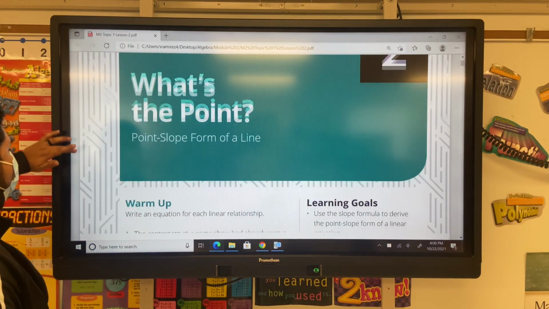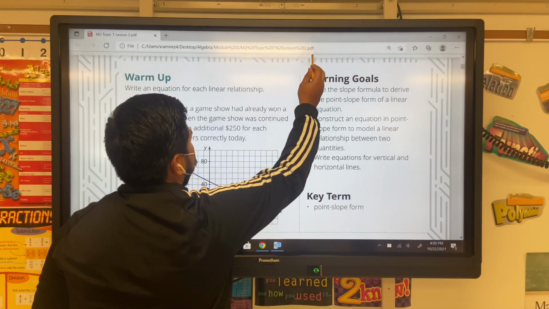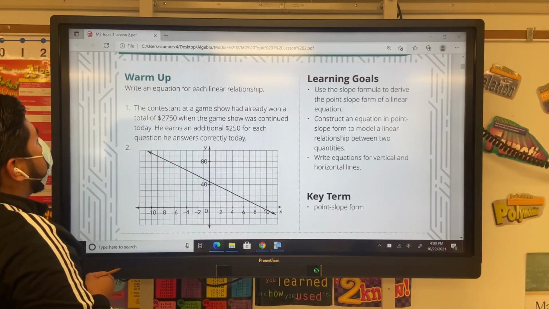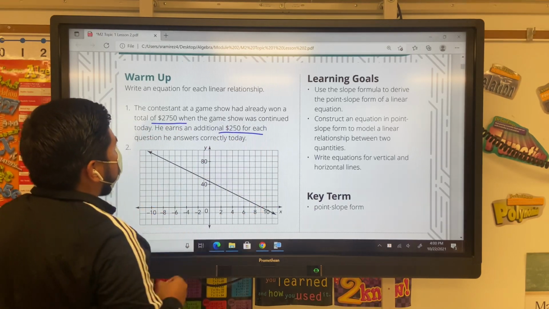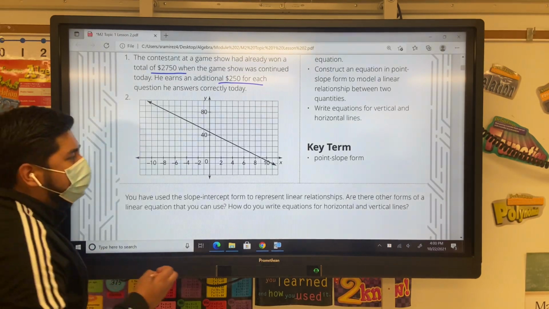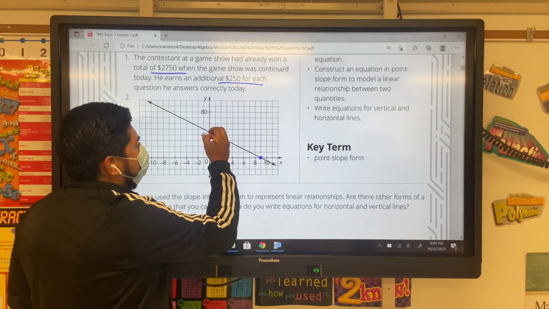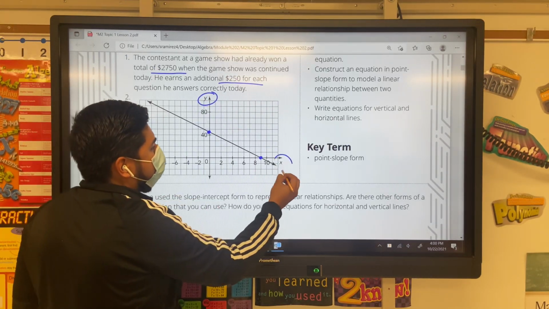What's the point? Point slope form of a line. All I need you to do here, make sure that you recognize that you need to just know what these numbers will eventually mean, and we'll talk about it later. Part 2, I need you to make sure that you know that this is the x-axis, this is the y-axis, labeled right here.